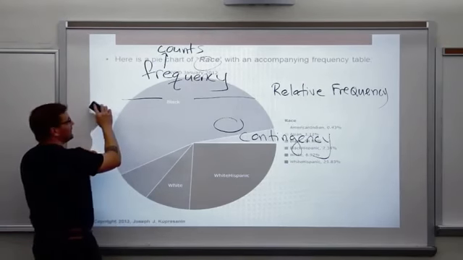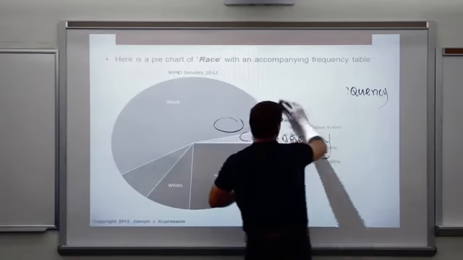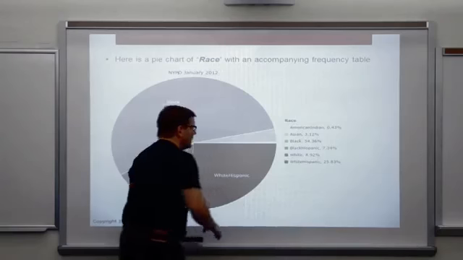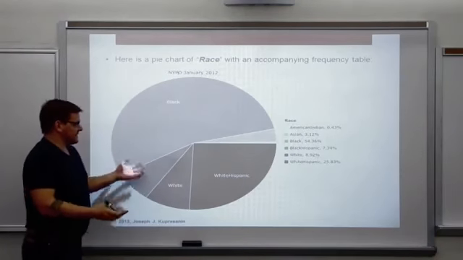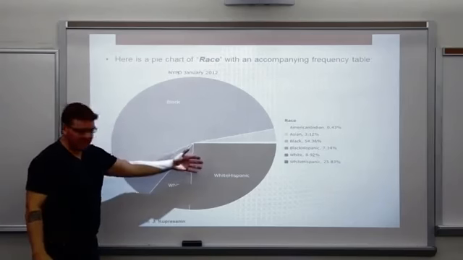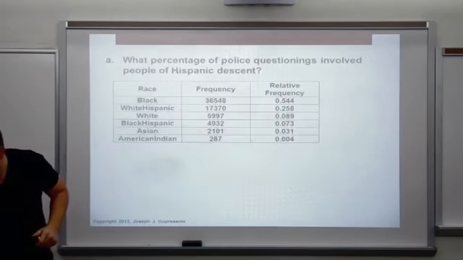Here's the pie chart. It's in the notes. Of those thousands and thousands of arrests, you can see the breakdown by race here. Okay, and what's the question? I guess we've got an A, B, and C here at the bottom.